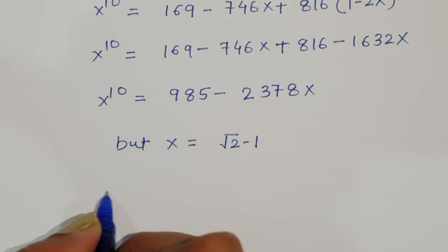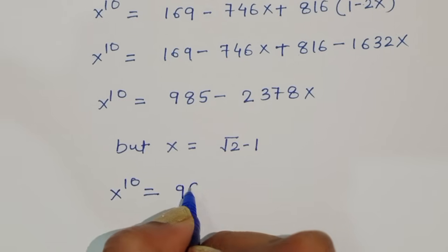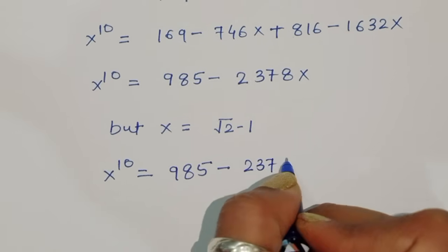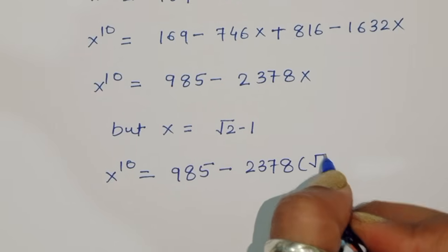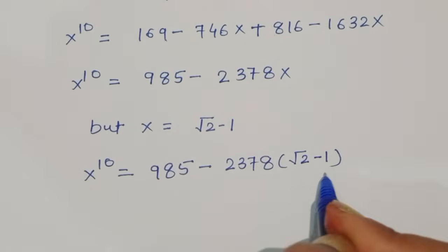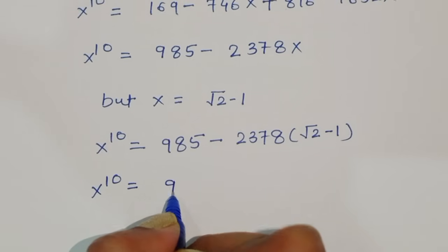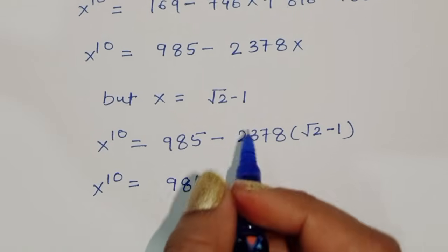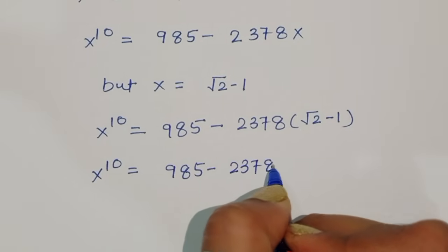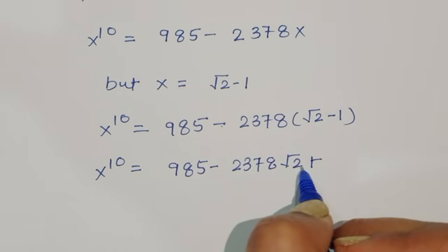So we can say x power 10 is equal to 985 minus 2378, and the value of x is square root of 2 minus 1. So multiply by square root of 2 minus 1 here. Now x power 10 is equal to 985 minus, when we are multiplying this term, we will get 2378 square root of 2 plus, minus minus plus, right?